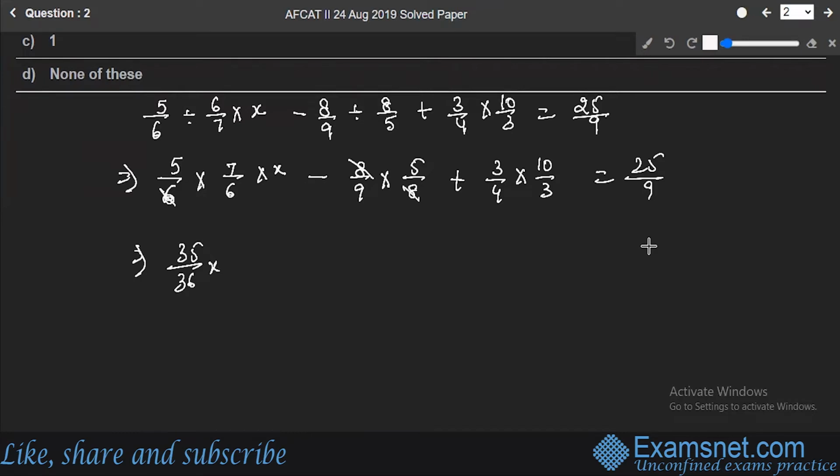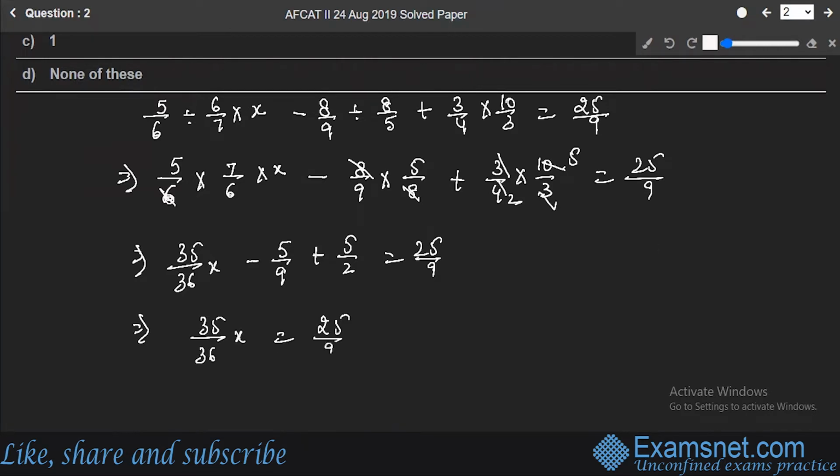This 8 and this 8 will cancel, and you have minus 5 by 9 here. 3 will cancel, here is 5, here is 2. So you will have plus 5 upon 2 is equal to 25 upon 9. So 35 upon 36x is equal to 25 upon 9 plus 5 upon 9, and here will be minus 5 upon 2.